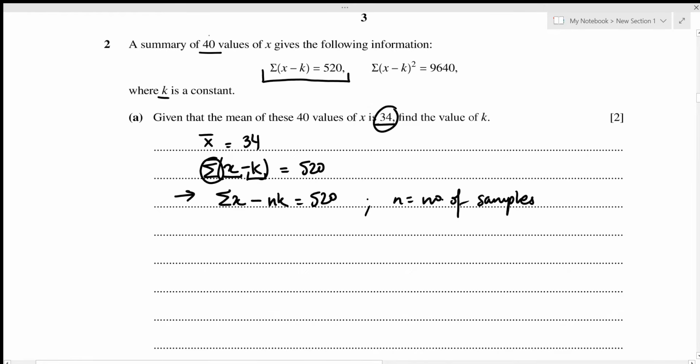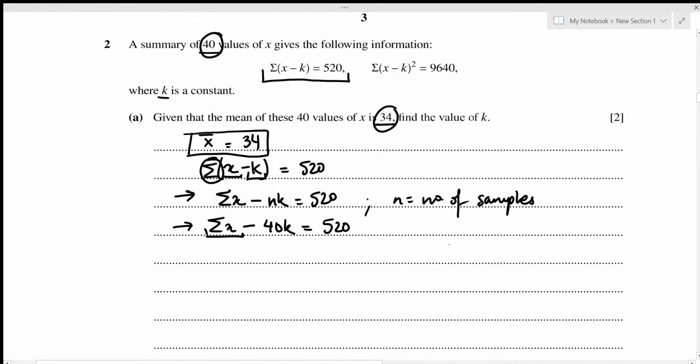In this case, we know that the summary is of 40 values, so that's our number of samples, which gives summation of x minus 40k equals 520. Now, if we figure out the value for summation of x, we can easily figure out the value for k. And in order to figure out this value, we're going to use the information for the mean value.